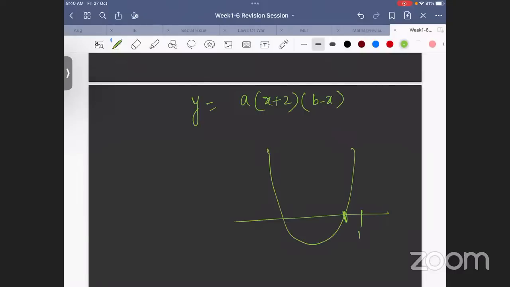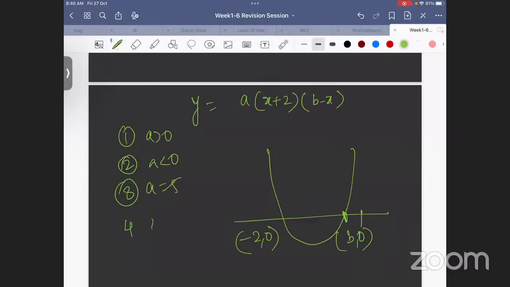So b comma 0, and minus 2 comma 0. Tell me the value. From the options you need to tell: A is greater than 0, A is less than 0, A equals 5, A equals 15.